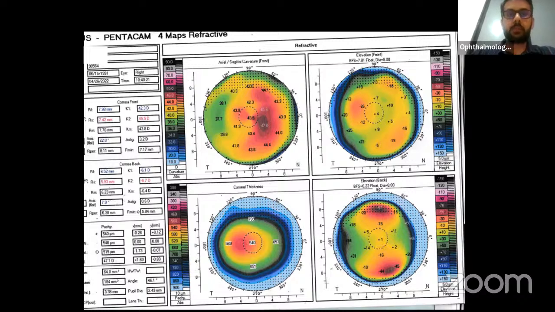And coming to the axial sagittal curvature, front curvature map, what we see here is an area of focal steepening outside the central pupillary zone infranasally, which is corresponding to 47 diopter here, followed by some area of flattening, which is more temporally.